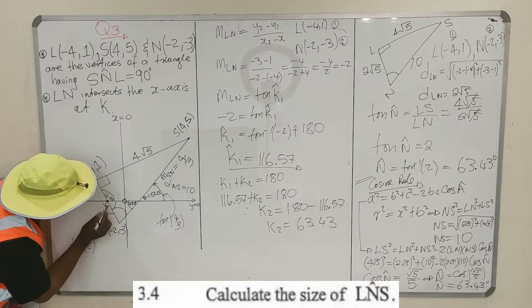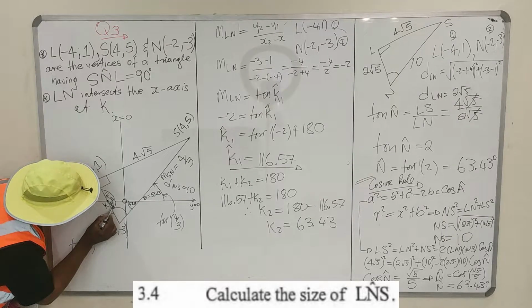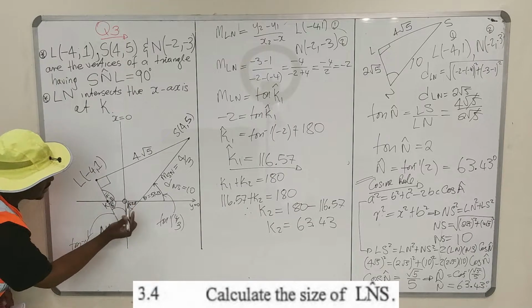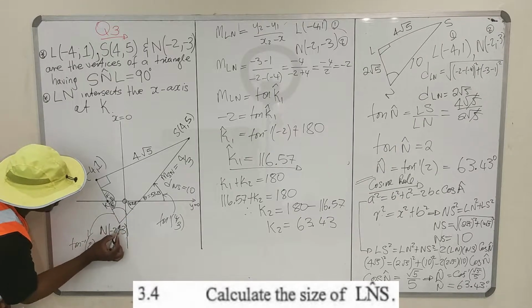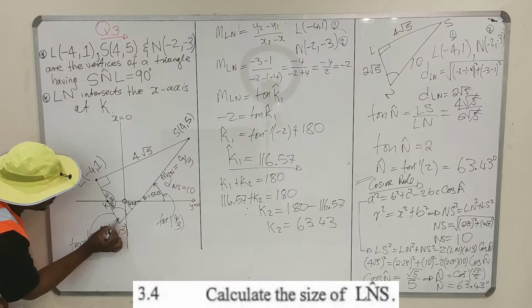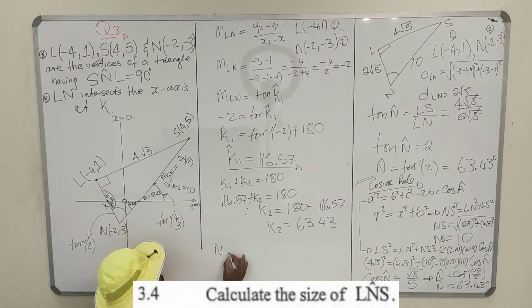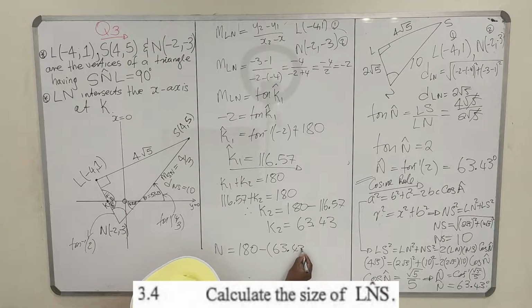Is this angle here. 63.43. So you know two angles. This angle here and this angle here. So if you look on the small triangle, you know two angles, you're missing one. So you put this missing angle N. We'll call it 180 minus the sum of those two angles. 63.43 plus 53.13.